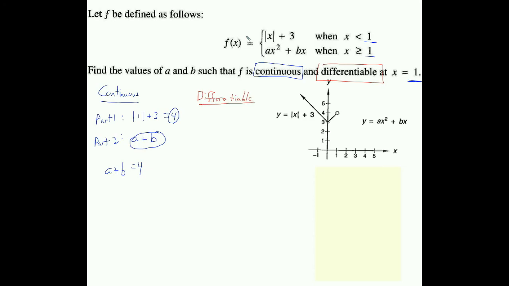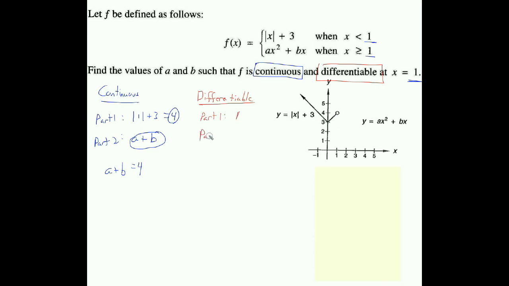All right, so we want to take the derivative of both of those parts. The derivative of this, for our part in question where x is 1, is just the slope right here. So for part 1, we actually don't have to be concerned about this part of the graph. We're just looking at this, so the derivative is just 1 because the slope is 1 here.